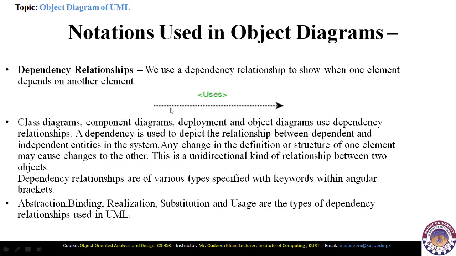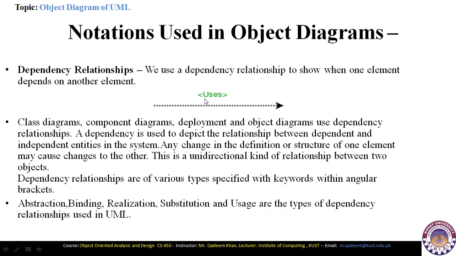So this is a unidirectional kind of relationship between two objects. The dependency relationship has different types with keywords, and the keywords are provided in angle brackets. For example, we provide here abstraction, binding, realization, substitution, and usage.